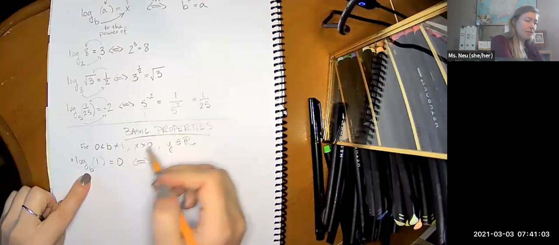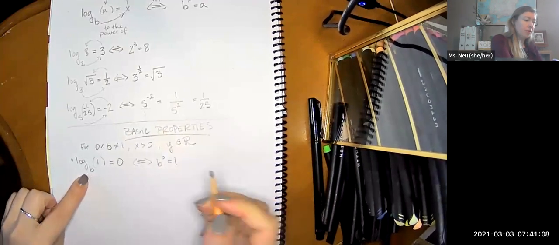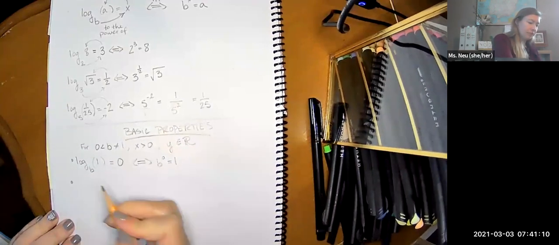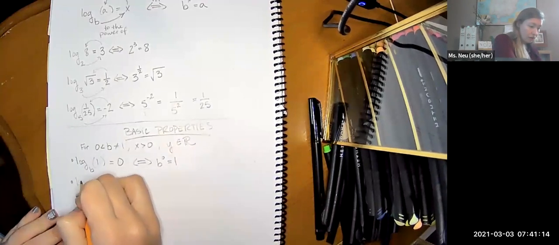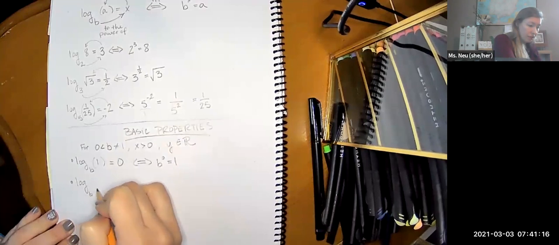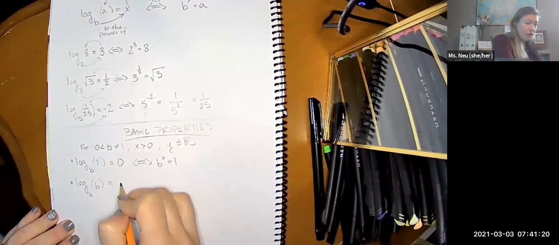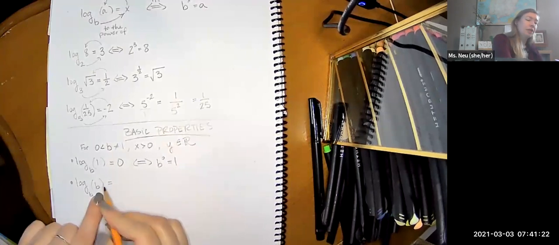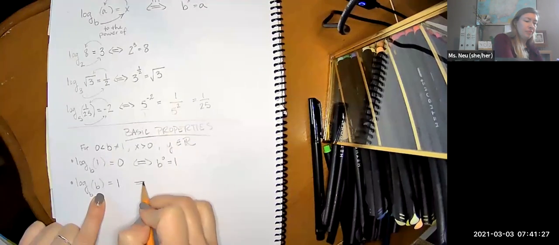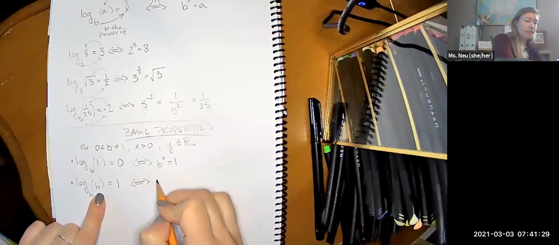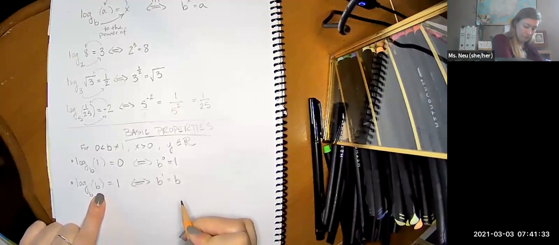Because b to the power of 0, anything to the power of 0 is 1. Log base b of b: b to the power of what gets you back to itself, because anything to the power of 1 equals itself.